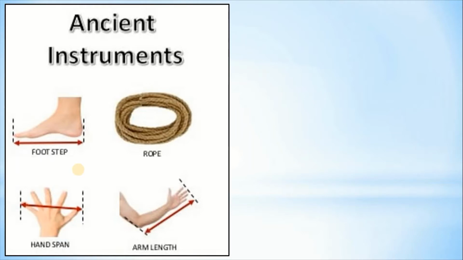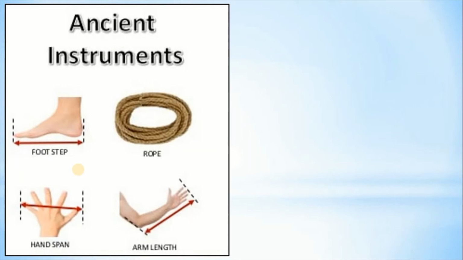Our forefathers used instruments like footsteps, rope, handspan, and arm length. The arm length from the elbow to the middle finger was assumed to be 1 foot. These are the ancient instruments used by our forefathers.